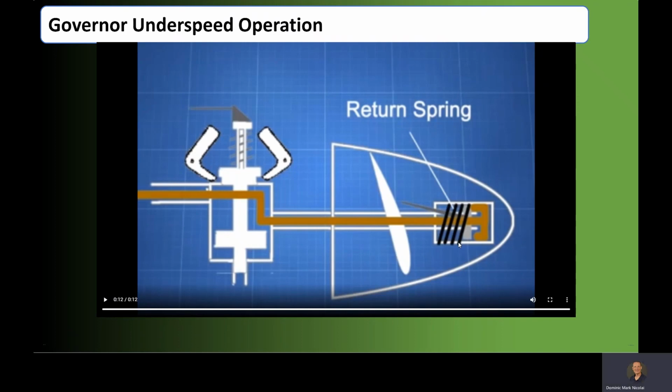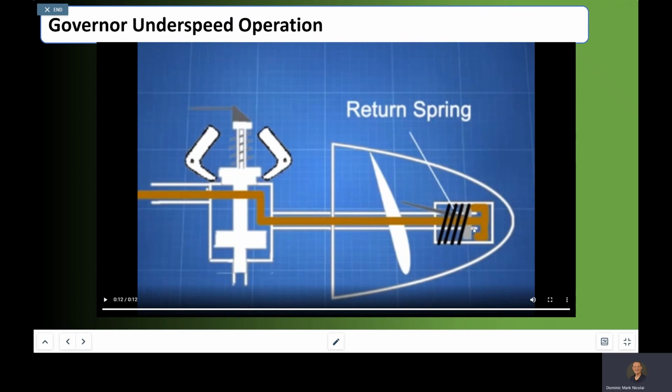A third force in there is called asymmetric twisting moment. So it's helping the propeller blade go to the low blade angle as well. And then the fourth one is there's probably an air charge or nitrogen charge assisting the spring in there.